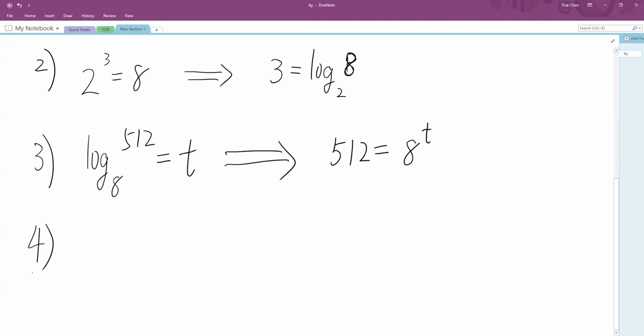Number 4. Use a calculator. So you just use your calculator. This log means the base is 10. You can use the log button in your calculator directly. On your screen, it should give you this number.